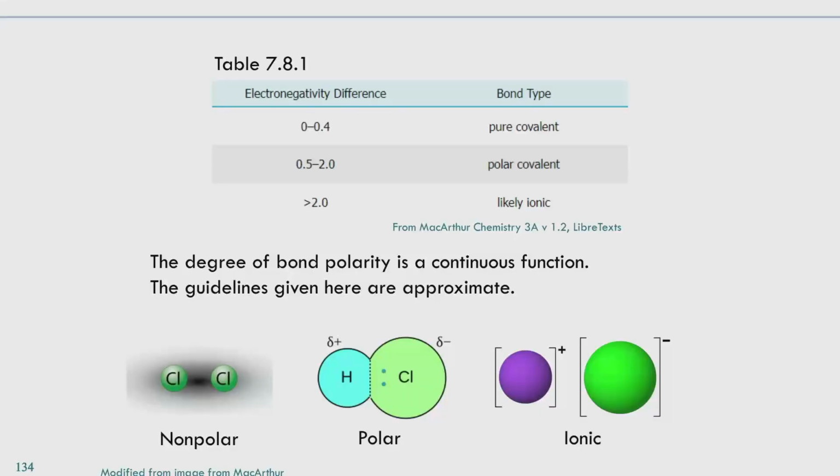We've got some arbitrary cutoffs for our difference in electronegativity. Under around 0.4 is nonpolar. We're talking about the difference in electronegativity.